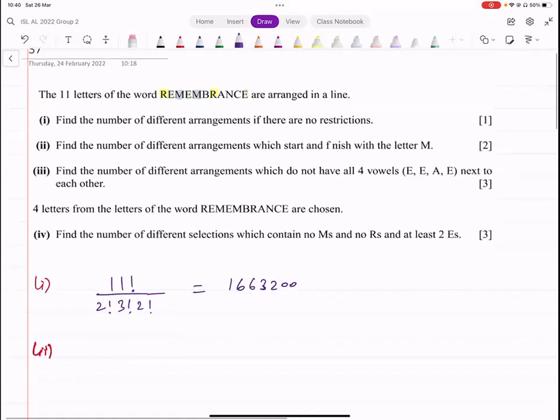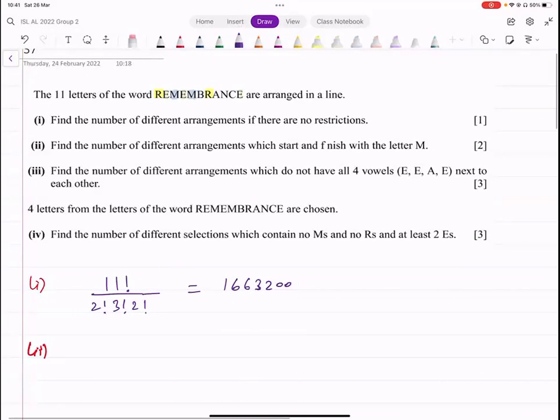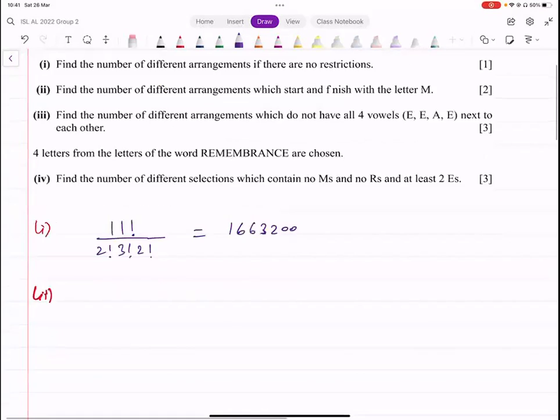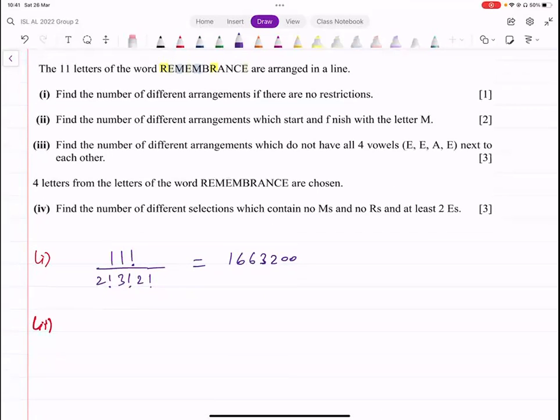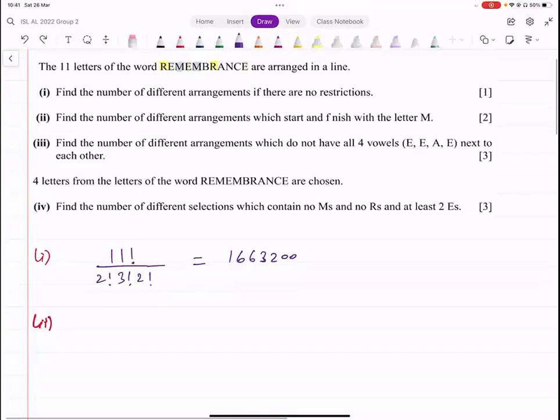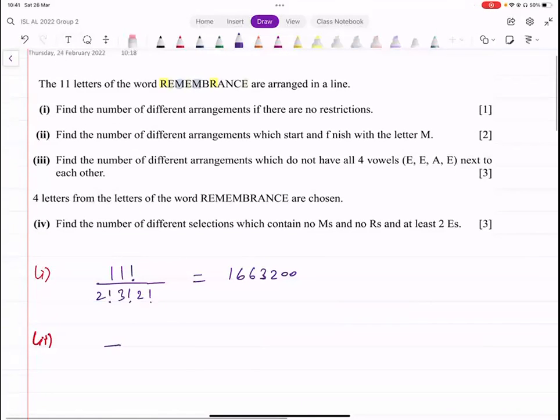Okay, find the number of different arrangements which start and finish with the letter M. So the first letter should be M and the last letter should also be M. Okay? So you can either draw boxes or you can draw dashes like this. It's a choice. So we've got the first letter M, and then the last letter is also M. Okay?